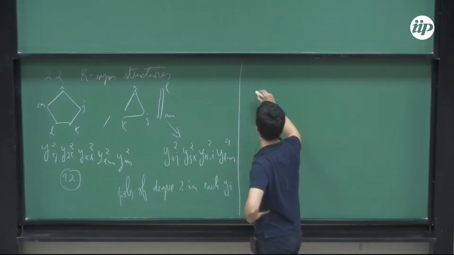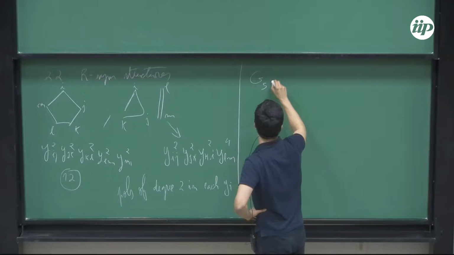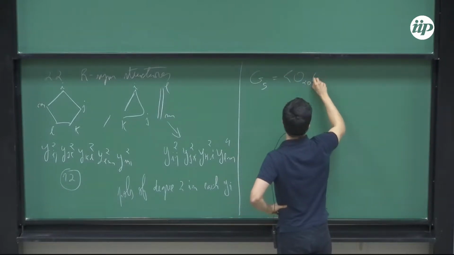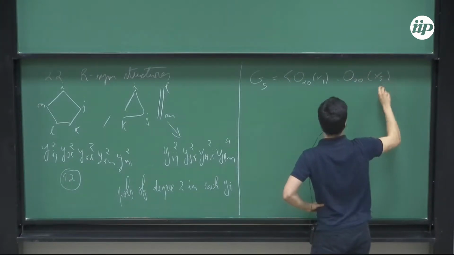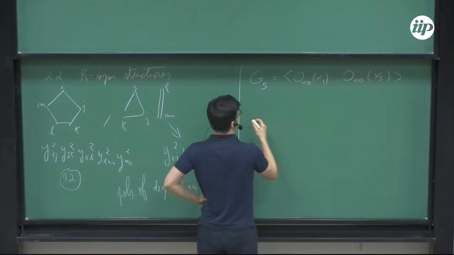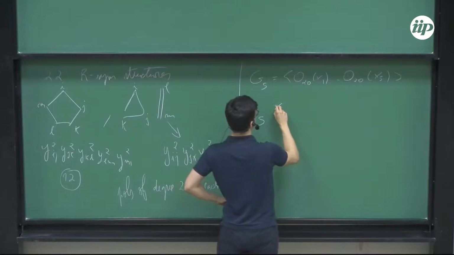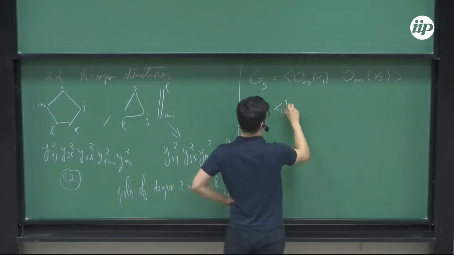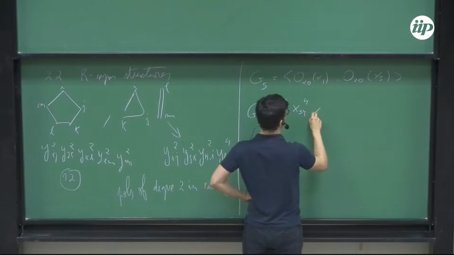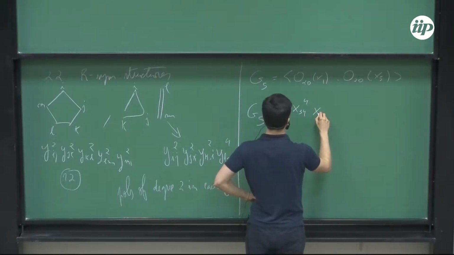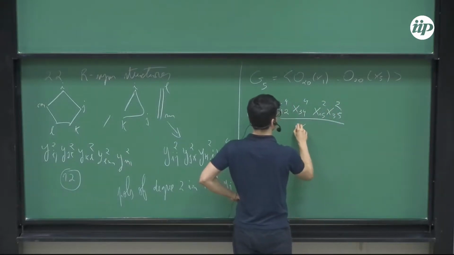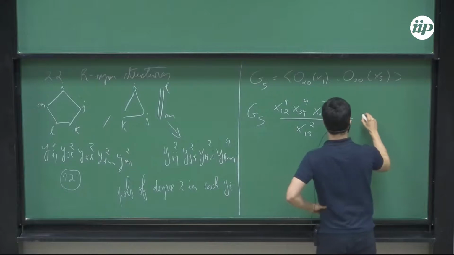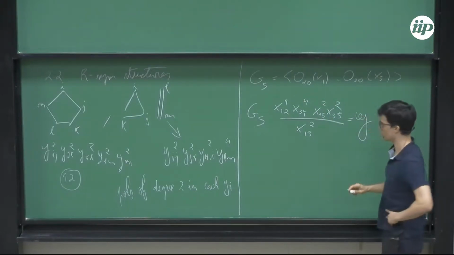So if we write this correlation function G5 as O20(x1) to O20(x5), then basically we can write, if we multiply this by something of this form, x12 to the 4, x34 to the 4, x15 x35 squared, this will become basically a function of cross ratios.